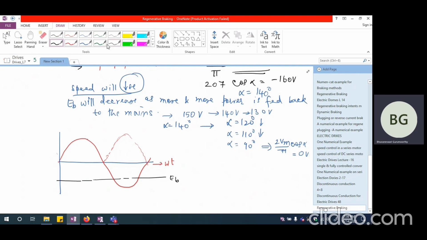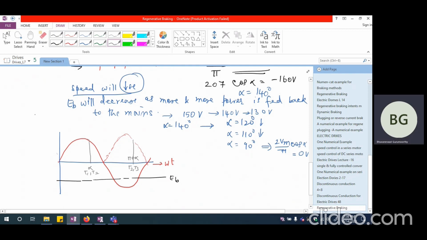So let me show this alpha which is greater than 90, and this is going to be pi plus alpha, where we are going to fire T2 and T3, whereas we are going to fire T1 and T2 here.